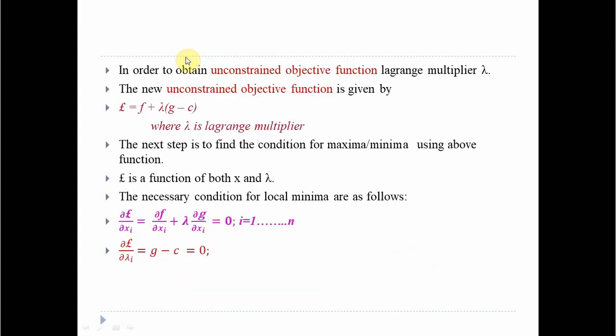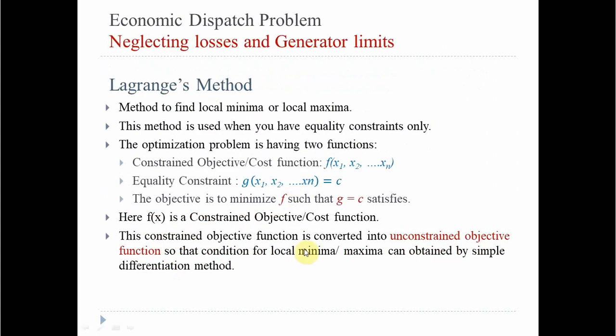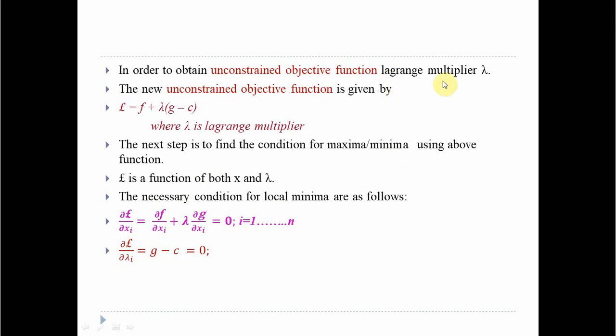Now how will you convert a constrained objective function? This is a constrained objective function. You have a particular constraint here. Now you need to convert this f of x into an unconstrained objective function. That is done using Lagrange's multiplier lambda. This lambda is used to convert the constrained objective function to an unconstrained objective function. Now the new objective function is given by this expression.